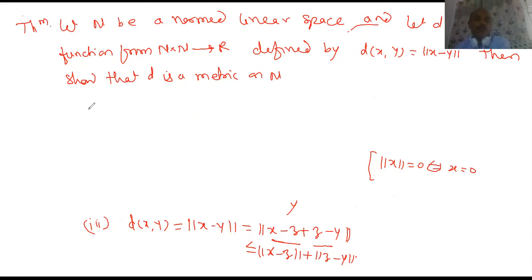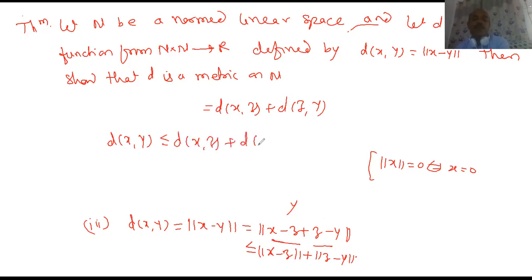So that is equal to d of x, z plus d of z, y. But this is the value of d of x, y. Therefore, d of x, y is less than or equal to d of x, z plus d of z, y.